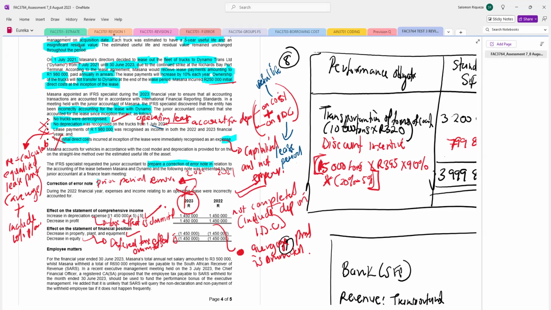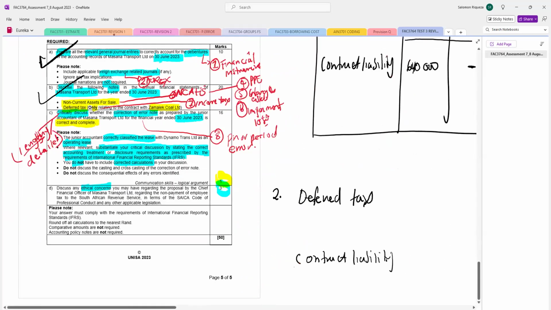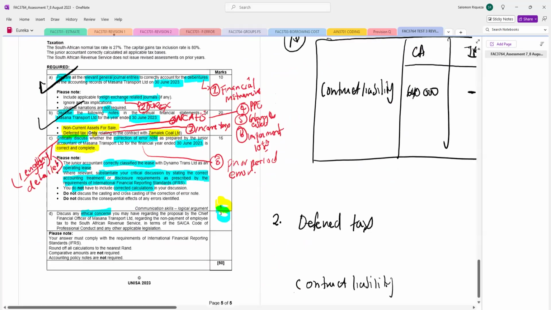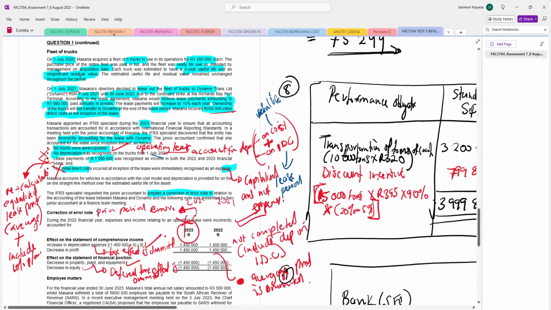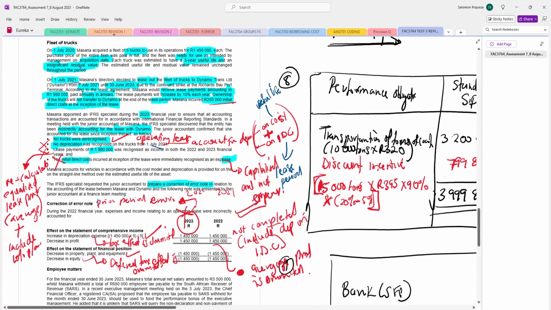Or you still going to do calculations? No, remember we were told we don't need to do calculations. It says, you do not have to include corrected calculations. You just have to talk about the problem. That's it. Don't touch any calculation. Just tell them that the 10% depreciation was not done correctly because they do not include this. That's it. So yeah.